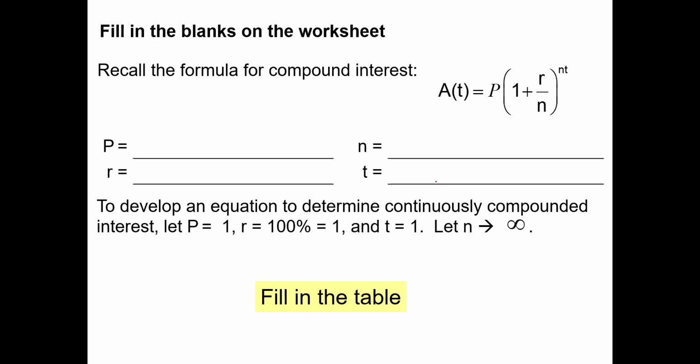So first of all, let's review the compound interest formula, A of t. A of t here is what we call the ending balance, okay. And then equal to principal. P is the principal amount. You can also say initial investment.